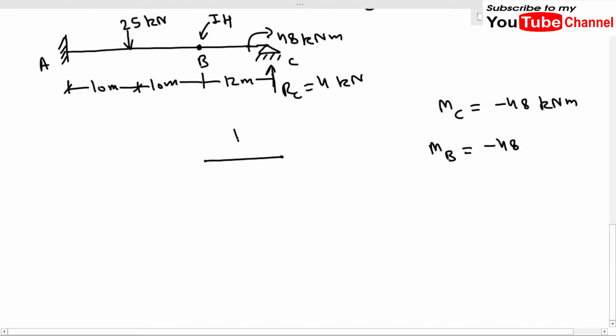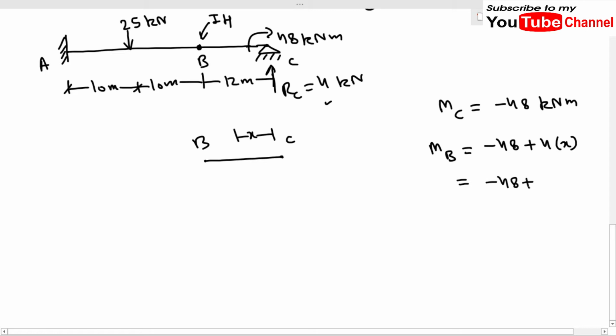at any section, let me take any section at distance x from C. At any section x, we will have, let me write it as 4x. What is 4? 4 is the reaction at C. Okay, because this reaction will produce sagging moment, so we will consider it as positive.